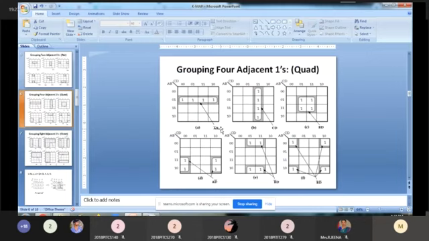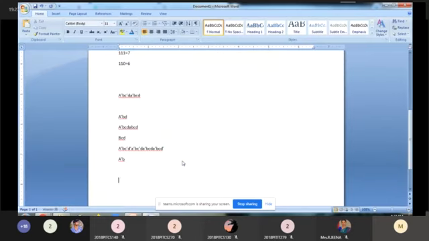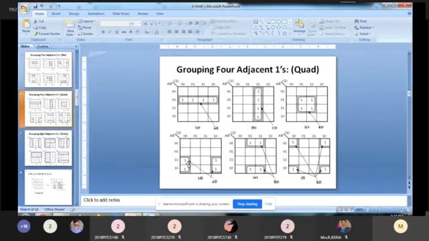Okay. Like this, you have to write the expression for this also. Next, we see this grouping. What are the variables? First value. What are the values? A, B, here C bar, D bar. So A, B, C bar, D bar. Next one. What are the values?